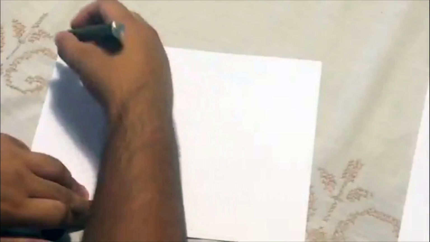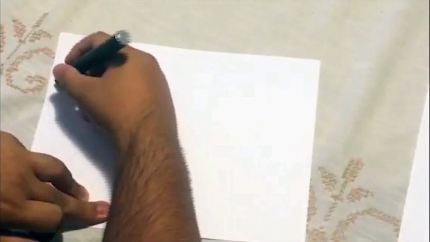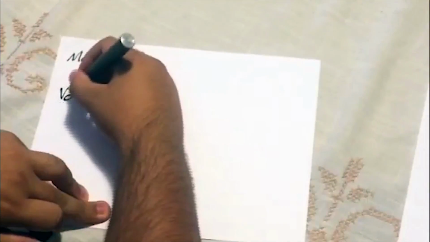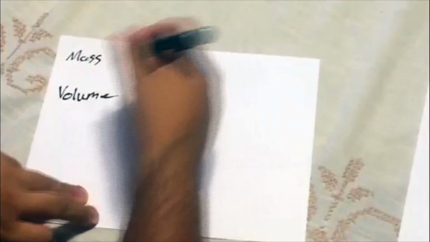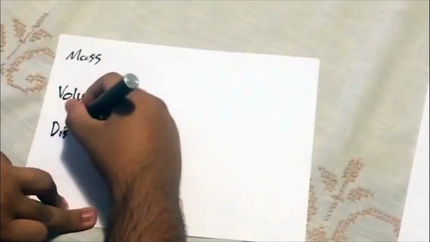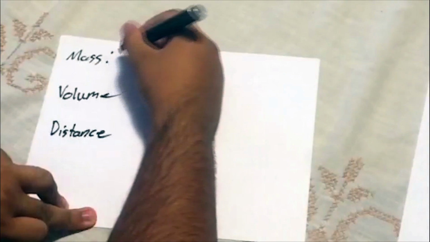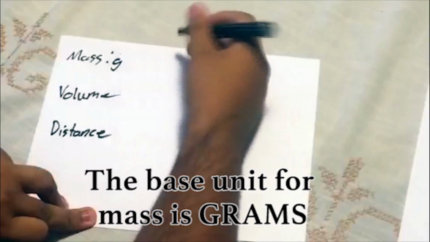In the metric system, you have three different units for mass, volume, and distance or length. Your mass, your base unit is your gram.